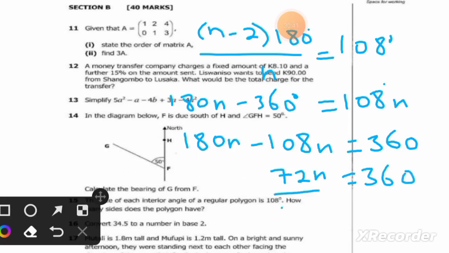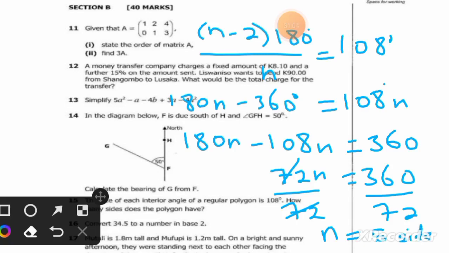Here divide by 72, even here divide by 72. So this 72 and this one will cancel. n is equal to 360 divided by 72, which is equal to 5. So the number of sides is equal to 5 sides.